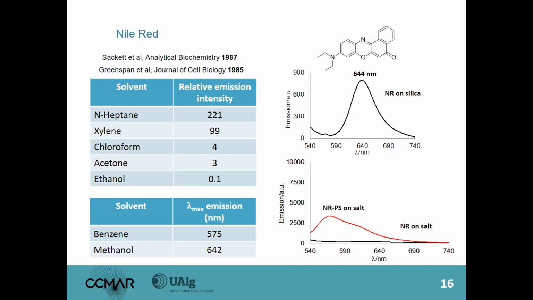And if we add to the surface of salt polystyrene and Nile red in relatively large concentration, you will see basically the same spectrum as the covalently linked polystyrene Nile red, meaning that the Nile red migrated into the polystyrene surface, and that's the reason for this emission intensity increase, and also this shift in the emission maximum.